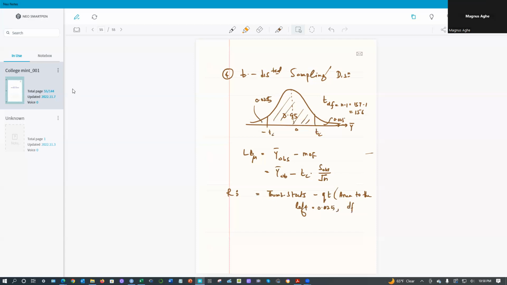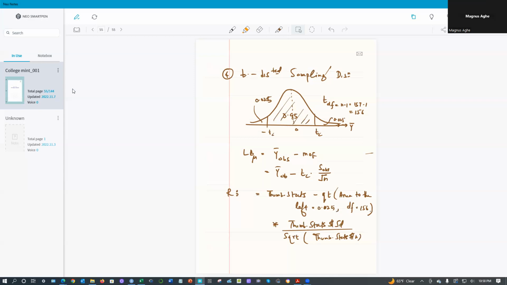Degrees of freedom is 156. Close it. Times stats, go to standard deviation divided by square root, go to thermostat, and go to n.